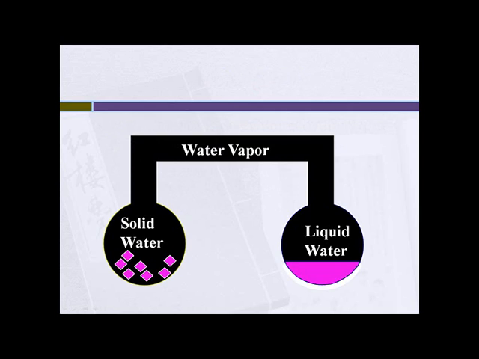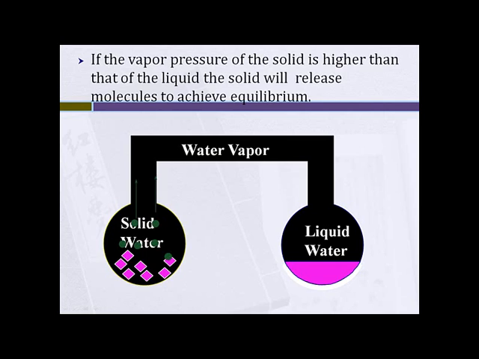Here we have a couple of flasks connected by tubing. We have solid water, called ice, on the left and liquid water on the right. And there is water vapor in the entire system. Now, if the vapor pressure of the solid is higher than that of the liquid, the solid will release molecules in an attempt to achieve equilibrium.